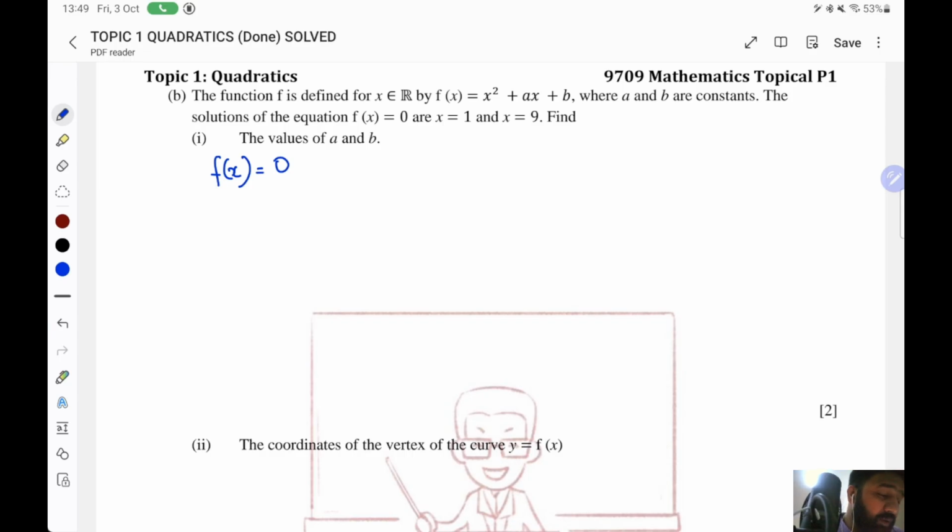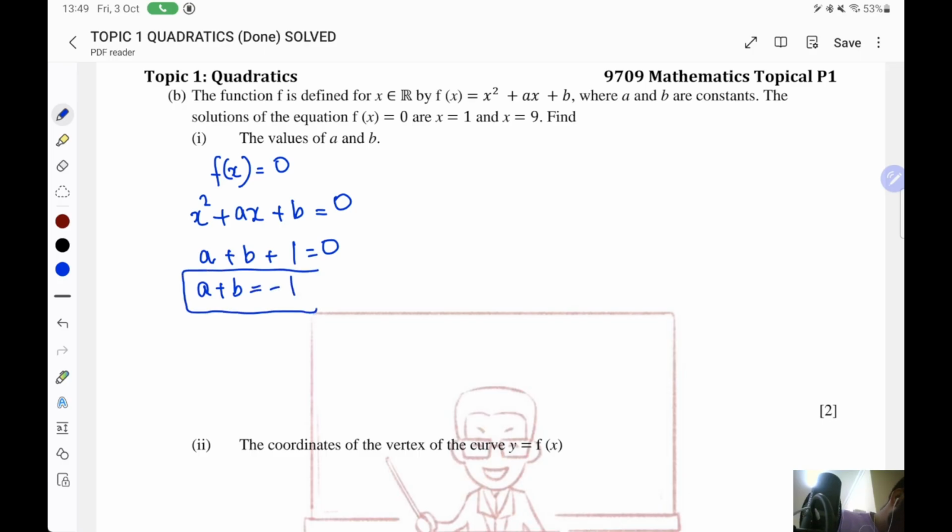The solutions of the equation when f of x is equals to 0, so it's x square plus ax plus b, and it is equal to 0. One time the value of x is 1, when the answer is 0, so it will become a plus b plus 1 equals to 0, so a plus b equals minus 1 as the first equation.